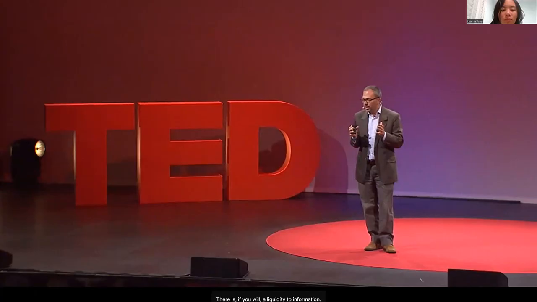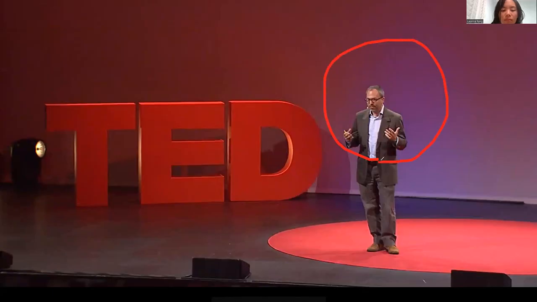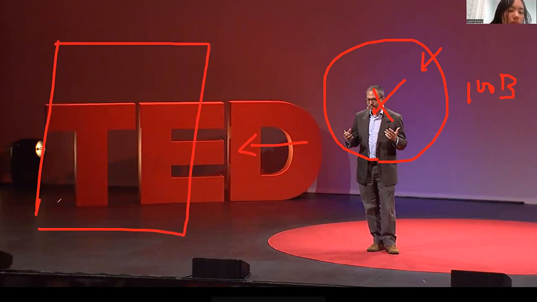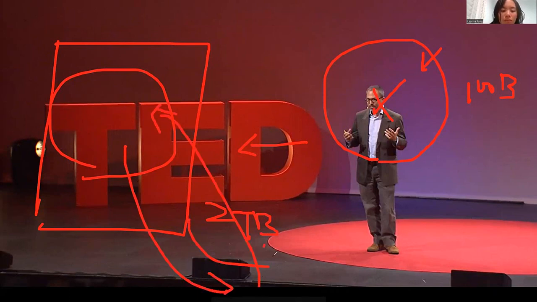There is liquidity. This part is said to be from static, because originally you have a disk, so you cannot change it. You can only read it, and the size may be only 100 bytes. And right now you're using the hard disk, and the hard disk may be 2 terabytes, and you can get the information, store it back, get the information, store it back, using a program to process it.